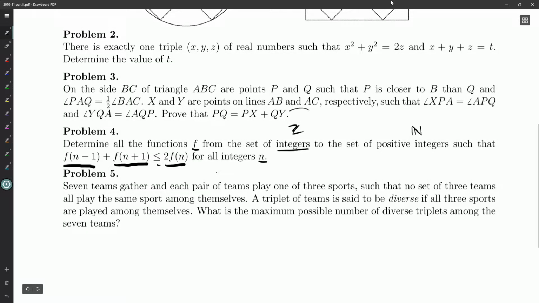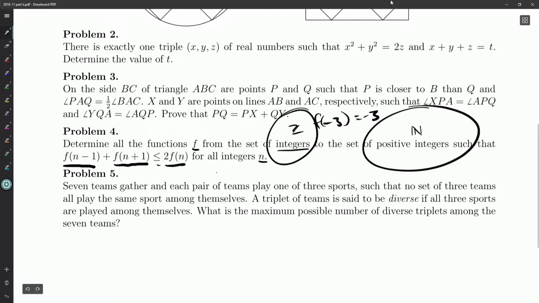If you add those up, you get 2n, which is less than or equal to 2f(n). Now, the reason that isn't going to work for me is because they said we're going from the integers to the positive integers, so I can't plug in -3 into my function and get -3 out. Okay, so is this going to cause a problem?